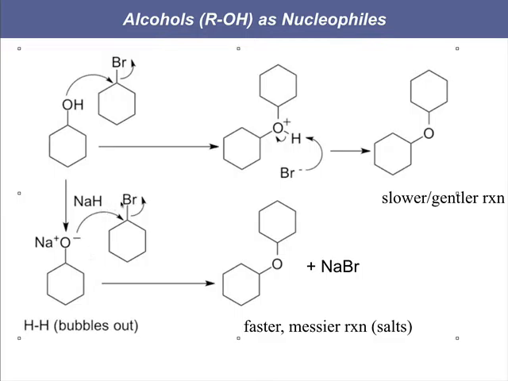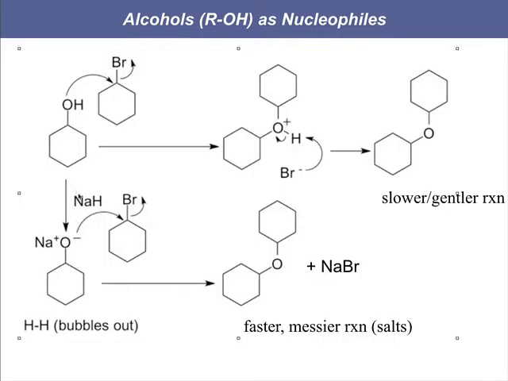Again, still an SN2 reaction. And now we end up with a neutral oxygen. We start with a negative oxygen, give it an additional bond to make it neutral. Or we start with a neutral oxygen, give it an additional bond, it'll be positive. We have one more step that the mechanism needs to go through in order to get to our products. In this case, the byproduct is sodium bromide.